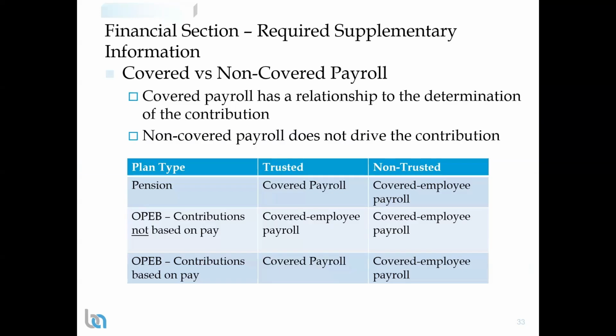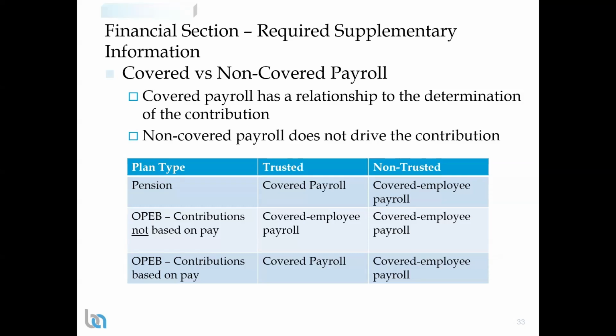So there's some terminology here for the required supplementary information regarding pension. There's payroll and there's covered employee payroll. In simplicity, covered payroll assumes that there's a relationship between the participant earnings and the contribution you need to make.